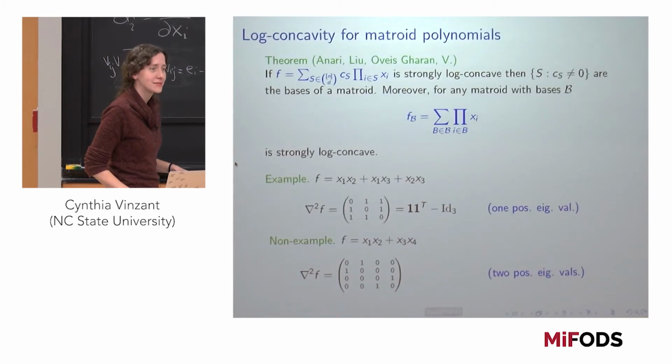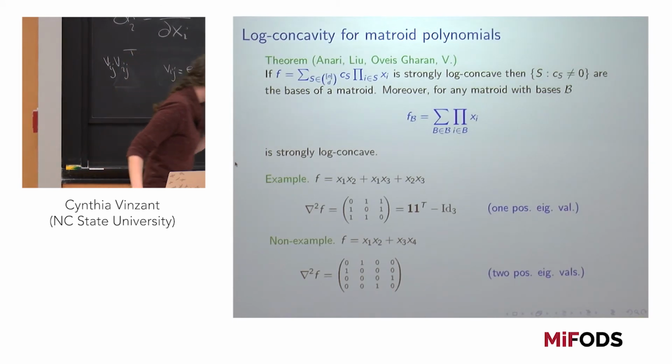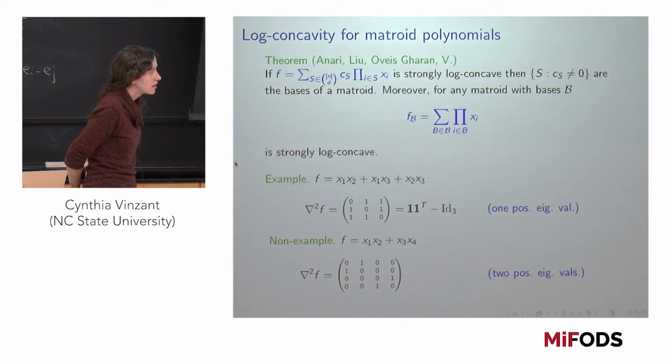Any questions so far? Yeah. I have two actually. I know you mentioned that it was hard to go the other way around. If I have the bases of a matroid, what polynomial am I actually getting in the end? One of the questions is, can we find a non-example of the form: here's the bases of a matroid and here's a polynomial that's not strongly log concave? If you're willing to really mess with the coefficients, then yeah.